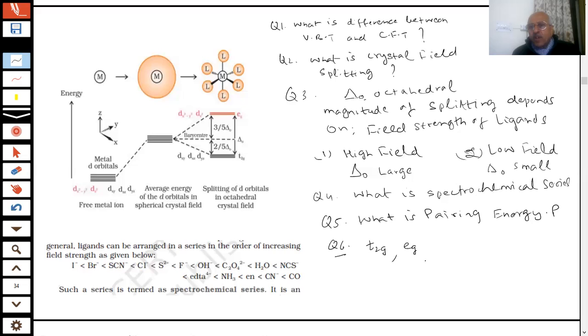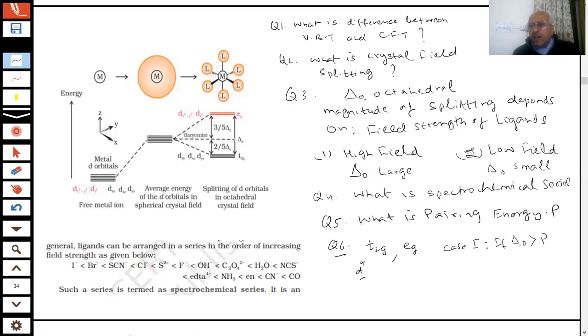So, case 1, students: if delta O is much larger than P, then what will happen? What will happen if I have a d4 case, supposing a d4 count for a metal ion?